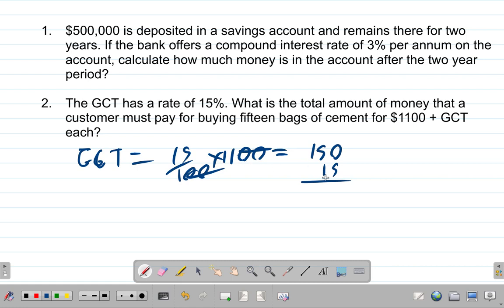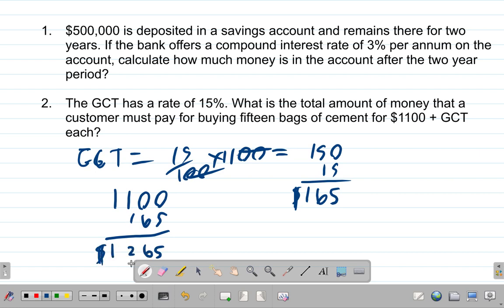So if you multiply 15 by 11, you have 165. So the tax is 165. So the total for each is $1,100 plus $165 tax. That gives you $1,265 you must pay for each.